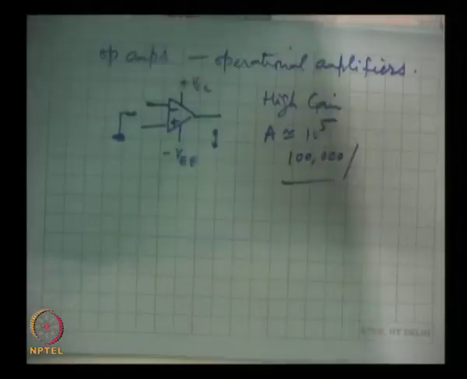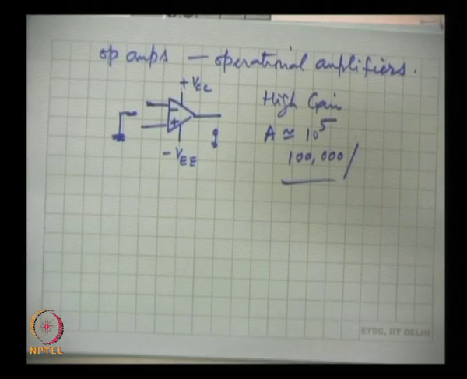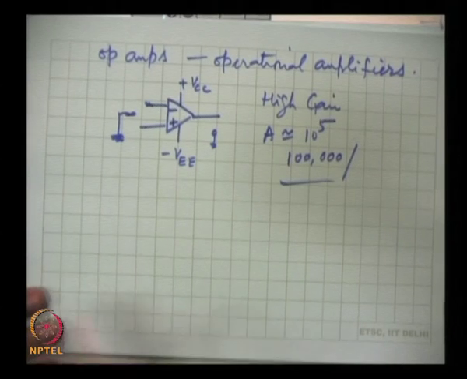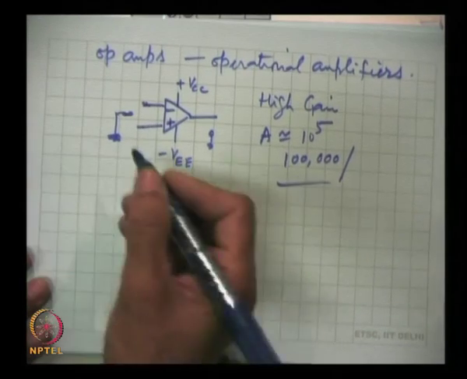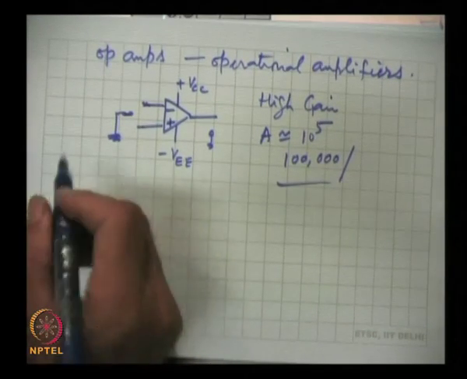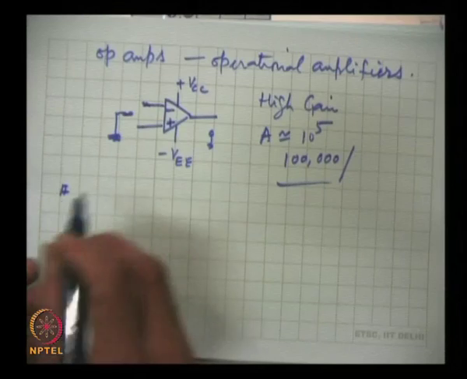Here in the op-amp, we externally connect the feedback resistances, and it is easy to understand and to derive things. So, first we take just two examples. The one is voltage series feedback.